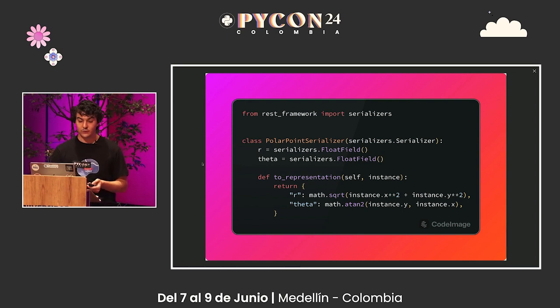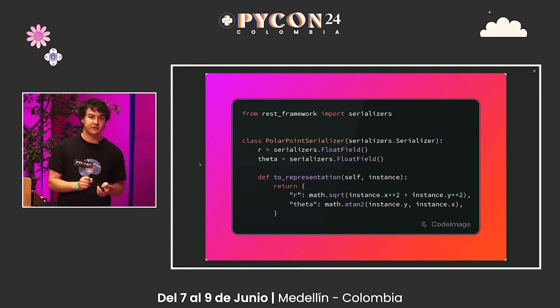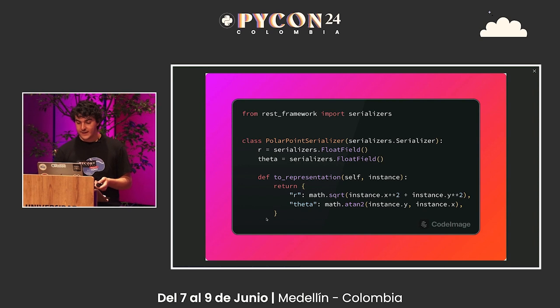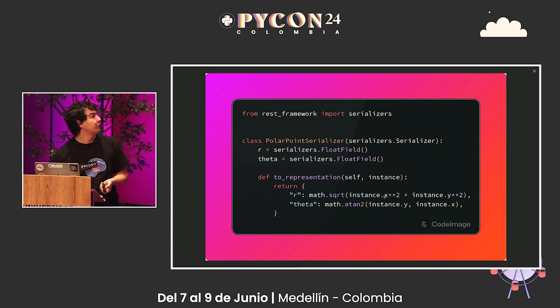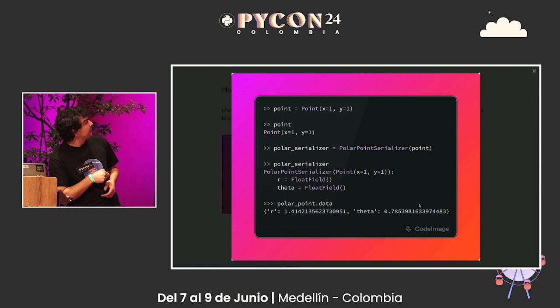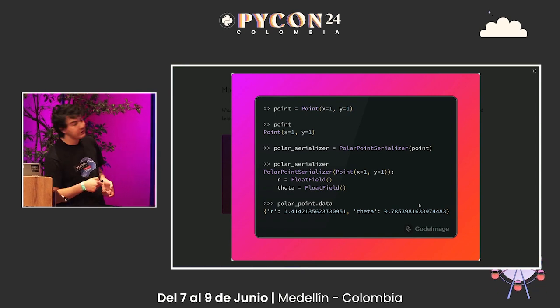As you can see before, we just called the data attribute, but the data behind the scenes calls the to_representation method. And in this case, here you can run all the calculations for converting from the x and y to the polar representation. And at the end, you got this nice serialization with the correct attributes.